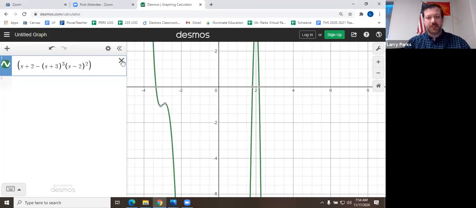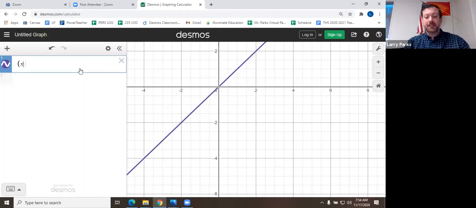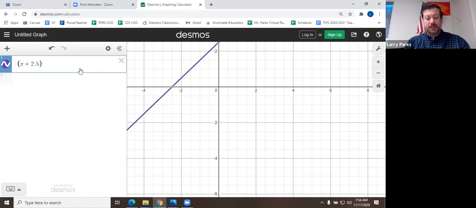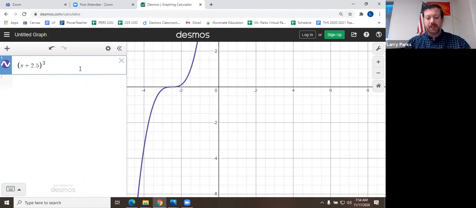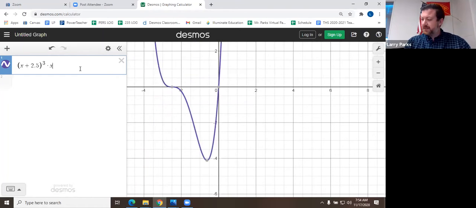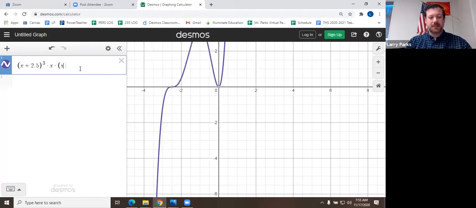X plus 2.5 to the 3rd power, times x, times x minus 1.